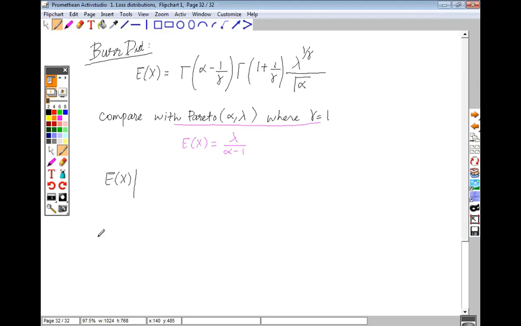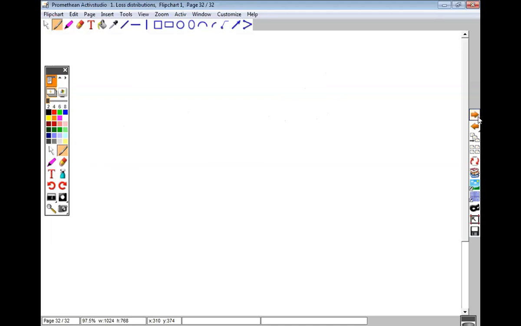So I think it was a good exercise, but don't worry about deriving this. So we have to figure out the expectation of x of Burr when gamma takes the value 1, right? Oops, sorry, I shouldn't even be writing this here. Okay, so I'll just leave that there. So I guess that's it.